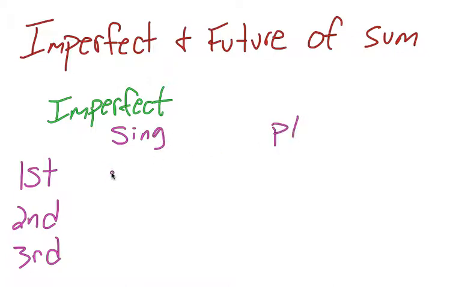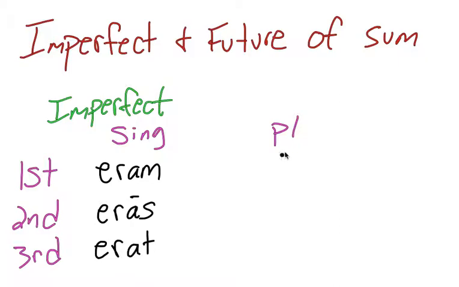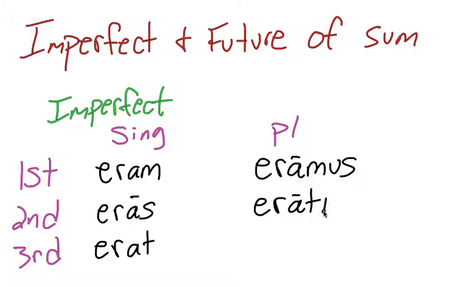Just like the present tense, the imperfect tense of esse is irregular. So the first person singular is eram, the second person singular is eras, the third person singular is erat, first plural is eramus, second plural is eratis, and third plural is erant.